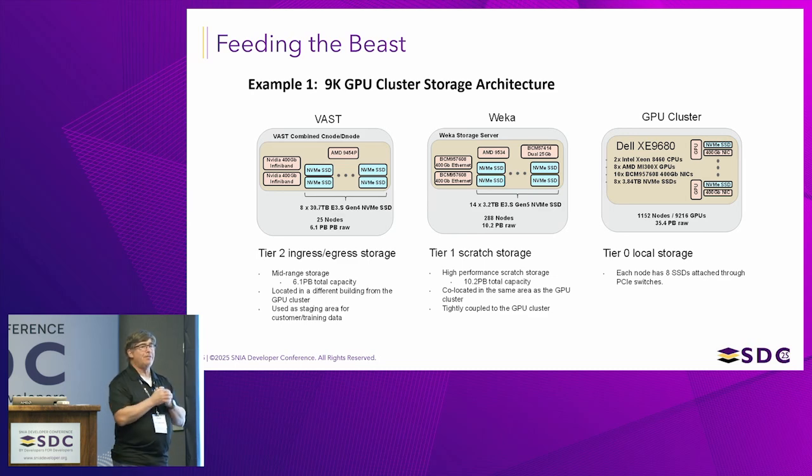So I went to these guys and we were having all these architectural discussions, and I'm like, what are you using these locally attached SSDs for? Because I know NVIDIA has GPU Direct SSD, but AMD doesn't yet. We're working on it, but we don't. So I was trying to figure out what they are doing with this.